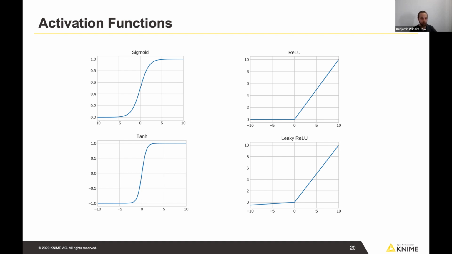The sigmoid and the tangent hyperbolicals are more of the classical activation functions that were used a lot some years ago. And they have this S shape, but nowadays a lot of people just use the rectified linear units. It's a very simple activation function, just a linear function for values above 0 and 0 for values below 0, and it works very well.